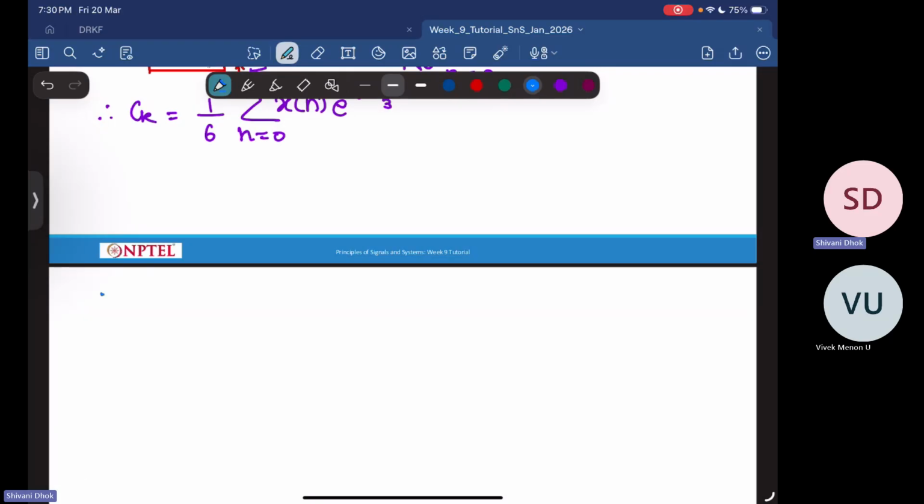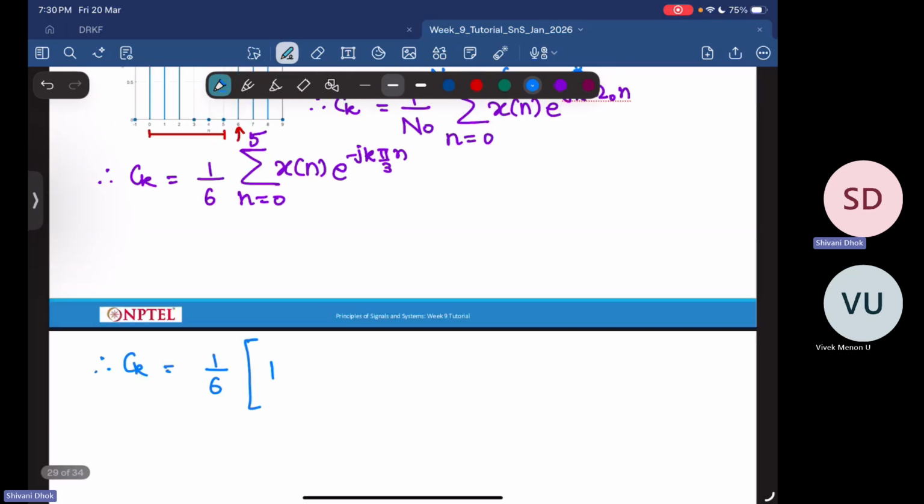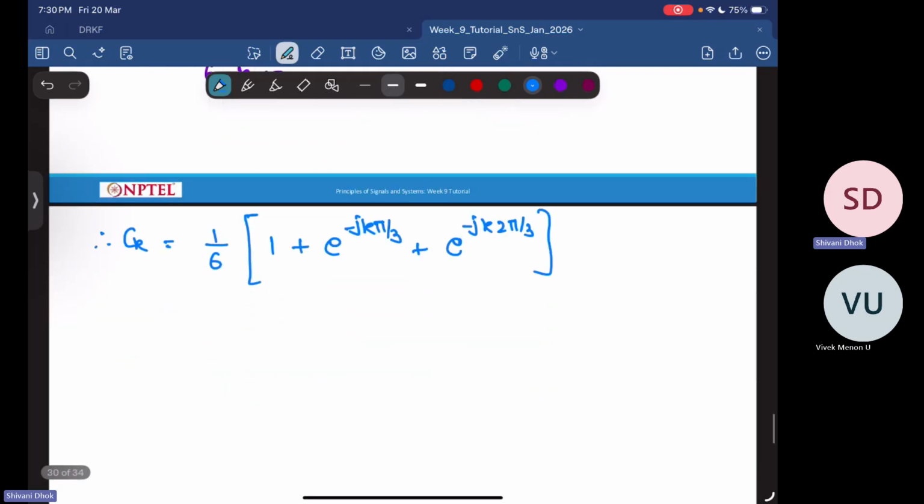So therefore, Ck is 1 by 6. x of 0 is 1 into e power 0, plus x of 1 is 1 into e power minus j k pi by 3, n equal to 1, and you have x of 2 is 1, e power minus j k 2 pi by 3, and otherwise it is 0. Now I'll try to simplify this further. To do that, I'll take pi by 3 common from the last two terms.